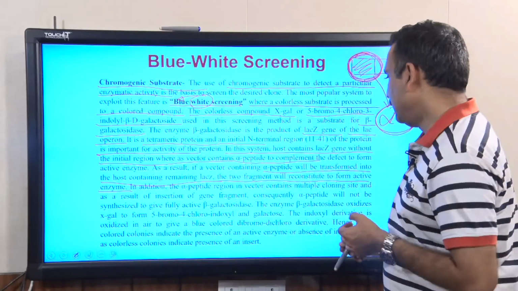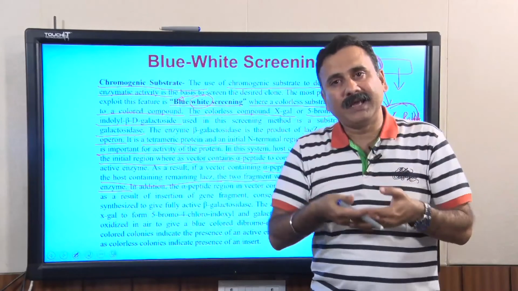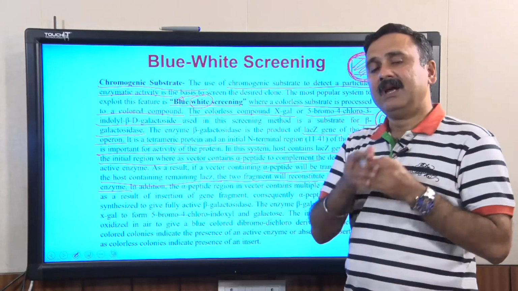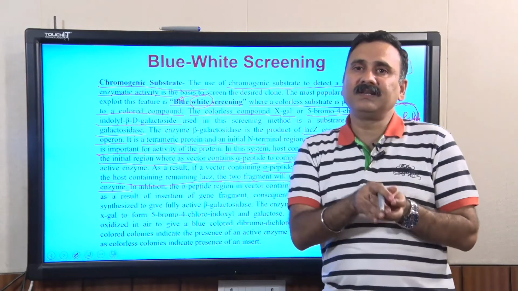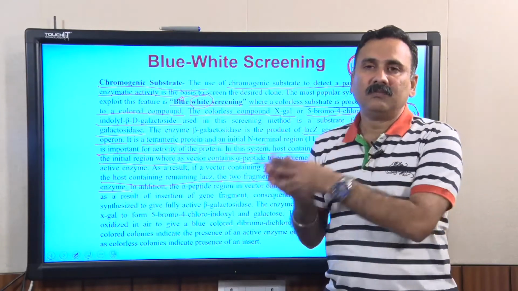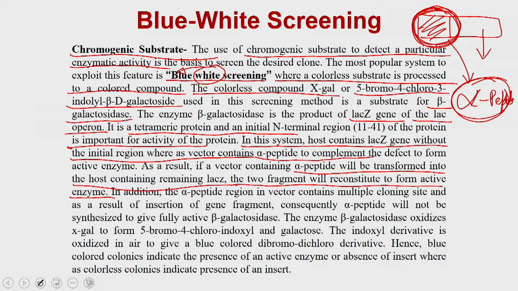Now, once the two fragments come together, the enzyme is going to be functionally active, which means it is going to process the colorless product X-gal into a blue colored product. In addition, the alpha peptide region is a multiple cloning site, and as a result, upon insertion of a gene, the alpha peptide will not be synthesized to give a fully functional enzyme.